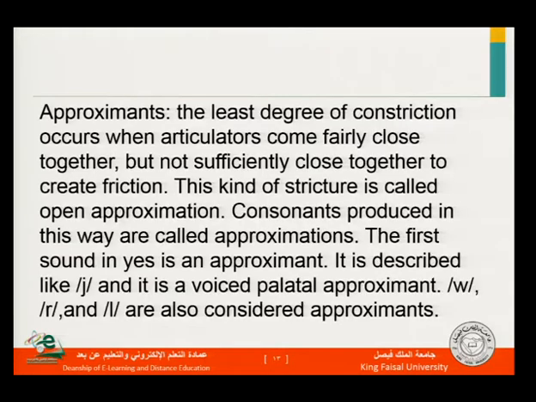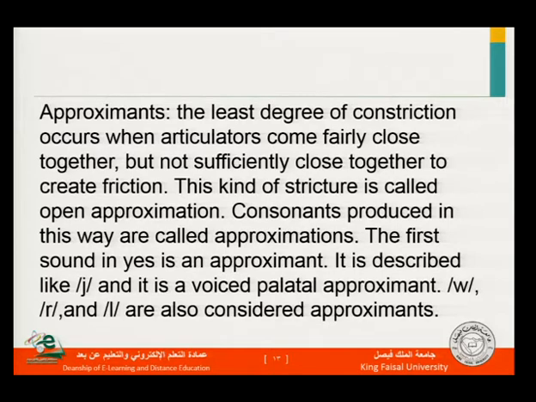Approximants: the least degree of construction occurs when articulators come fairly close together, but not sufficiently close together to create friction. We do not have fricative sounds here.